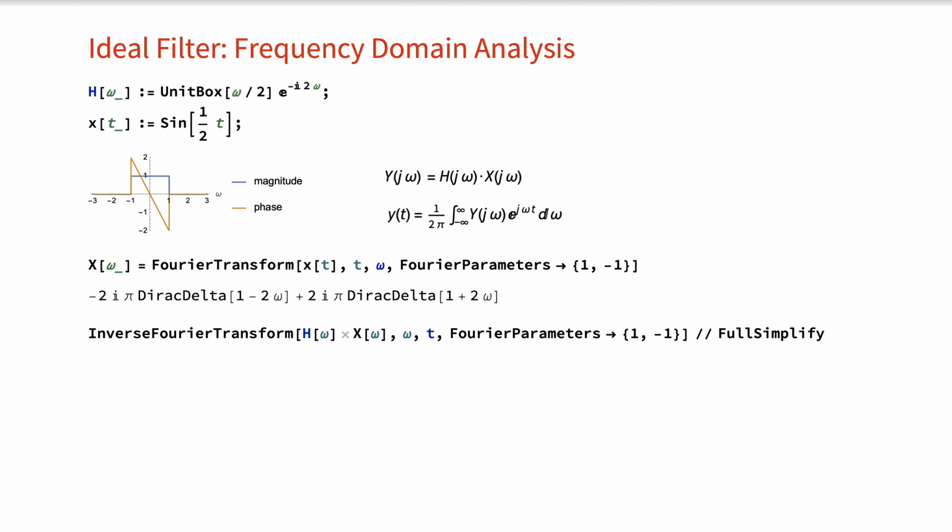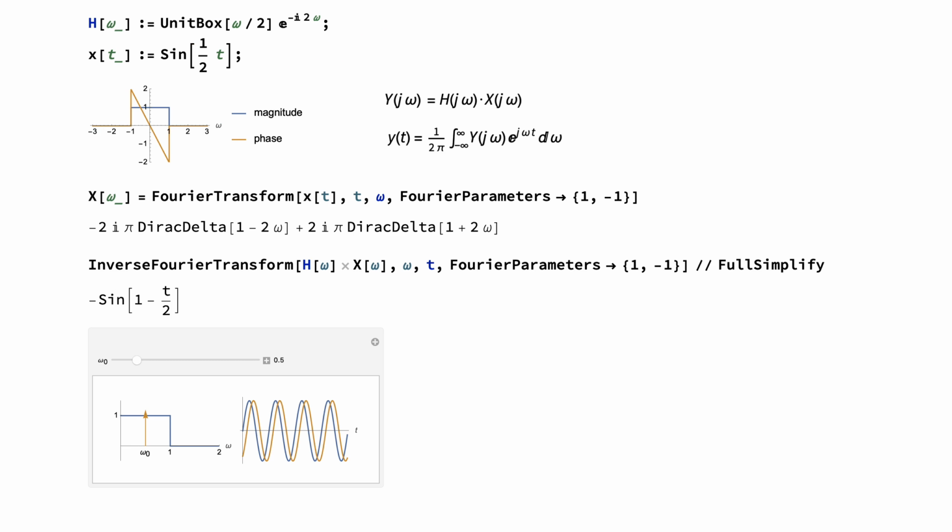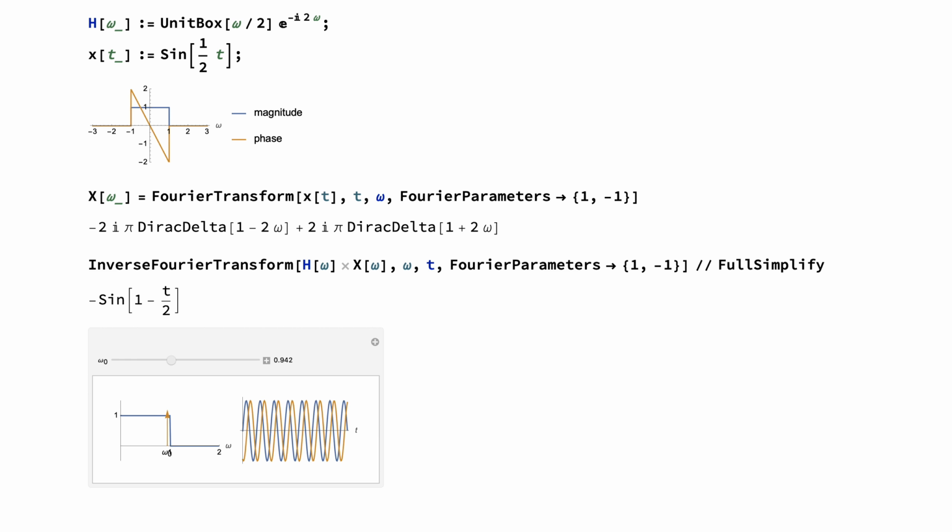The inverse Fourier transform will then give us the output signal in time domain. For signal frequencies below the cutoff frequency, which is 1, the input signal will pass through the filter undisturbed, and the output will be a delayed version of the input. For frequencies exceeding the cutoff frequency, omega greater than 1, the output will be simply 0.